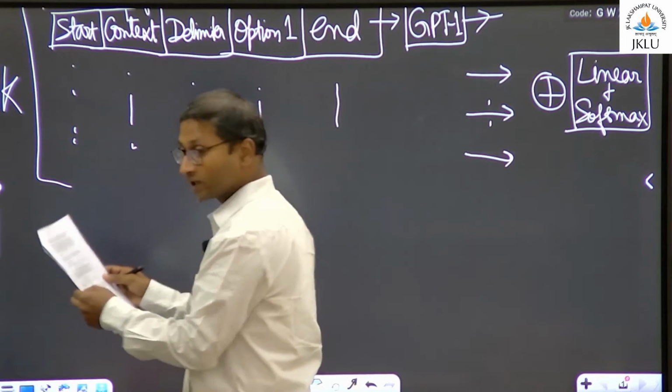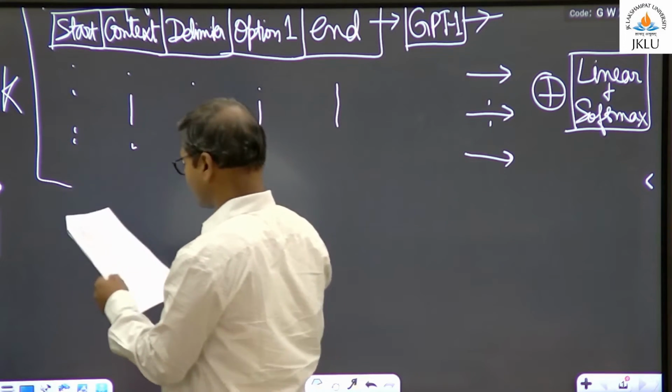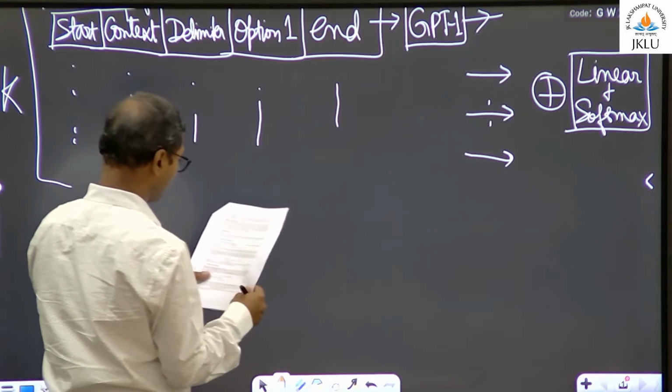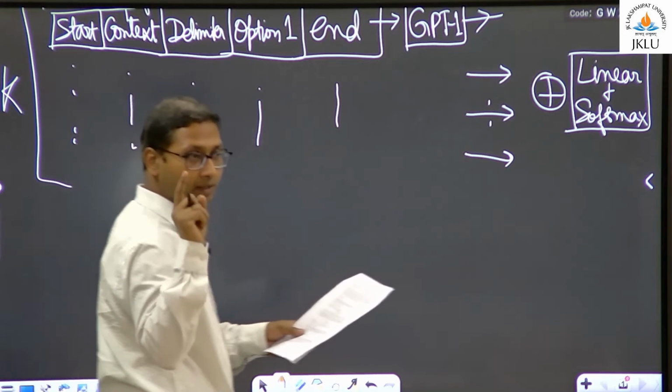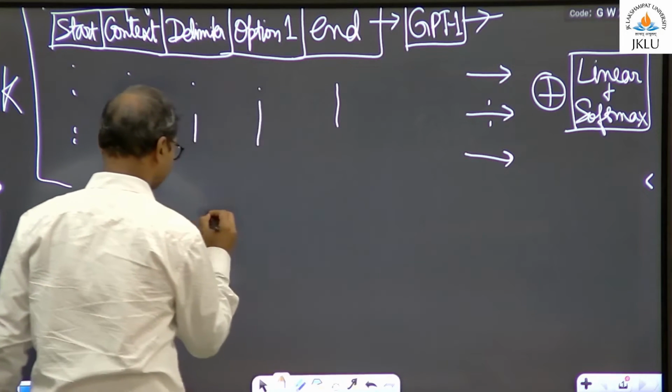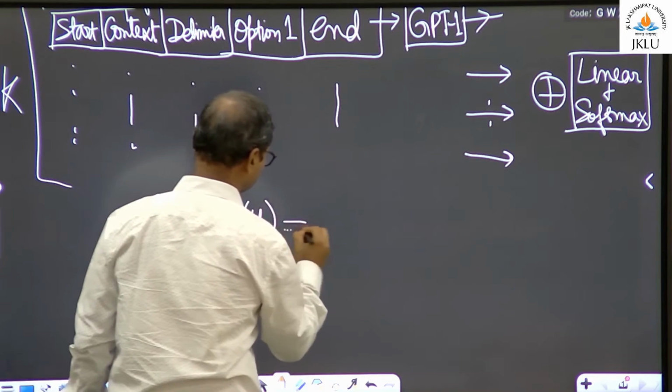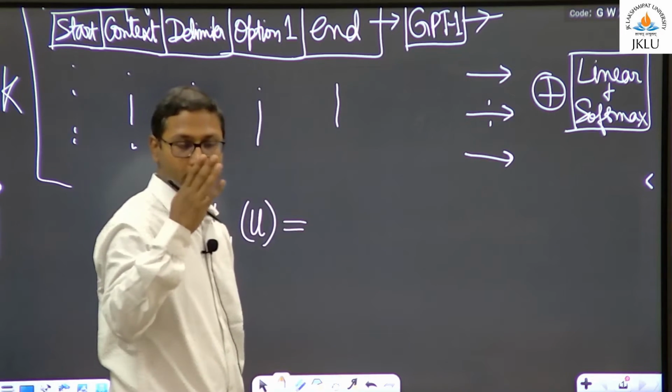So now I am talking about section 3.2, which is supervised fine tuning. Now, what was the cost function for our language modeling?